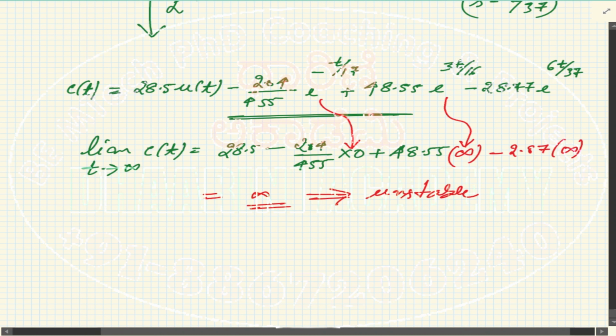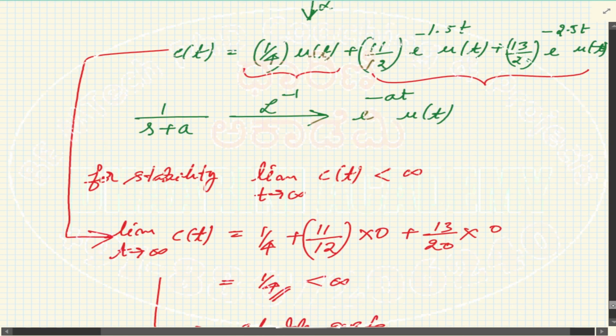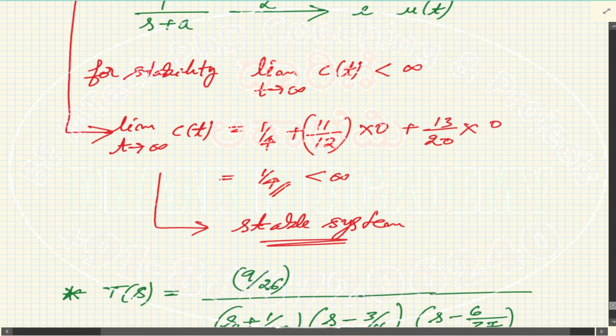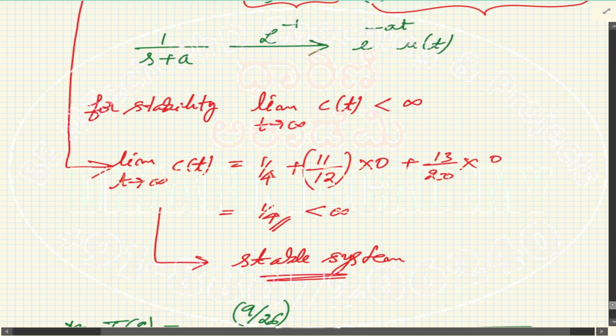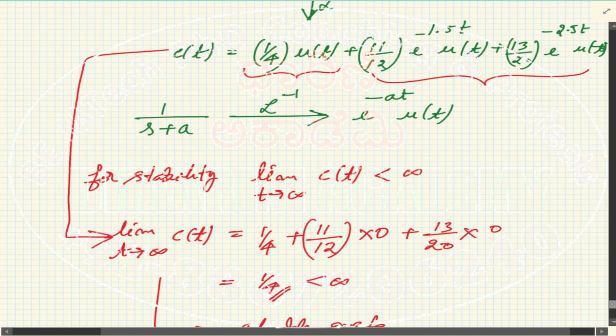This is unstable. Now if we simply write infinity, we might not understand what exactly is happening. Let's compare this system and the previous system as the time progresses. That gives you a very clear idea about what exactly is happening.